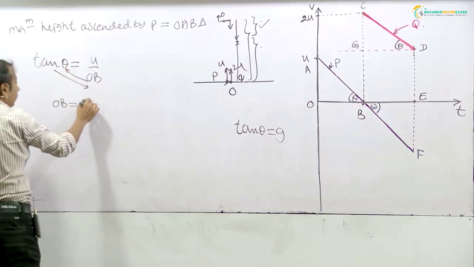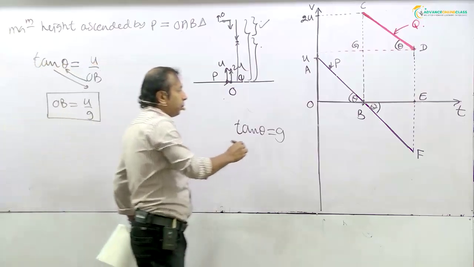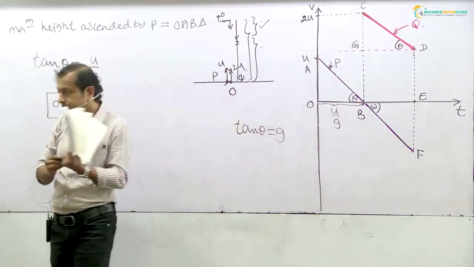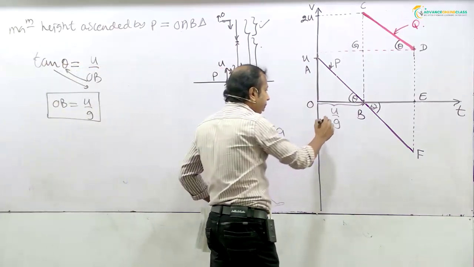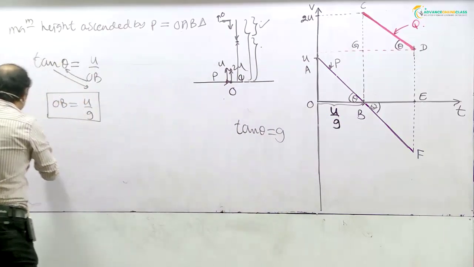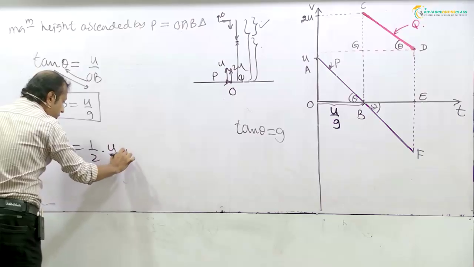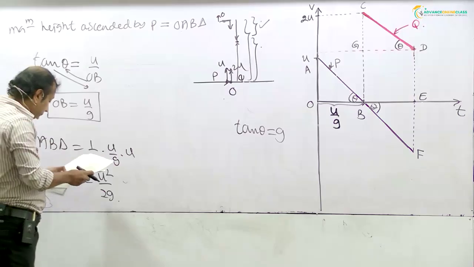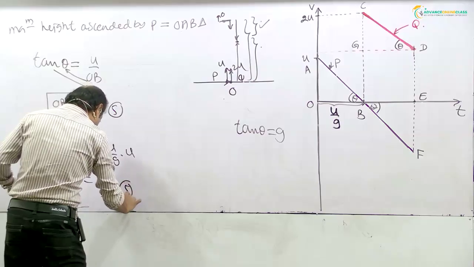OB means U over G. This time is U over G. OAB area is half base, U over G, into U squared over 2G. Marks coming like this, 5 for this, 5 for this.